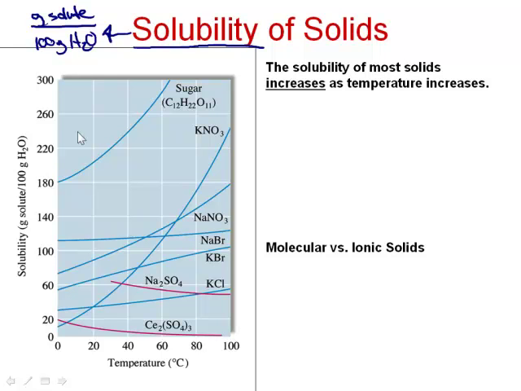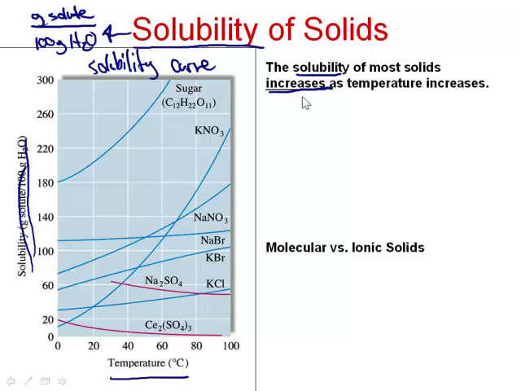Now, this right here is called the solubility curve, this graph. And what it shows you is the solubility on the y-axis of different compounds as a function of the temperature. Now, for most solids, we see that the solubility increases as the temperature increases.